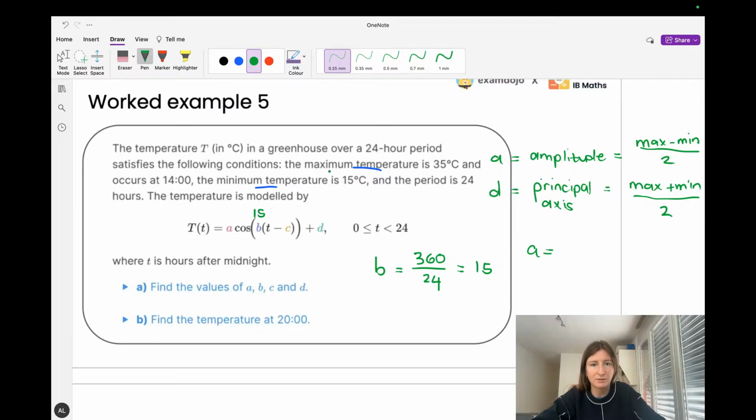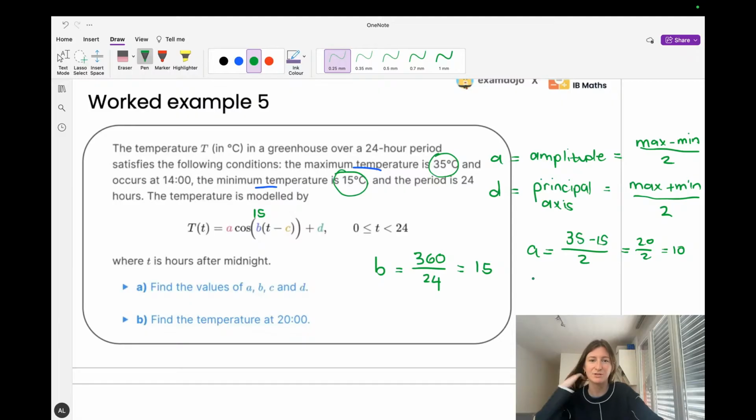Let's do our A. Max minus min. So maximum was at 35 and minimum was at 15. So 35 minus 15 over 2 is 20 over 2, which is 10.